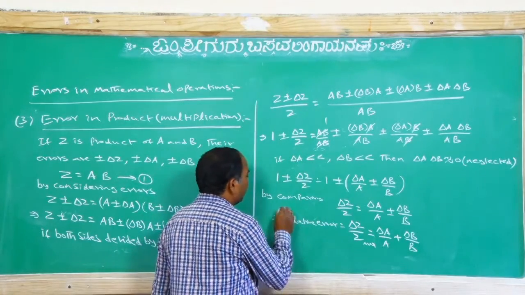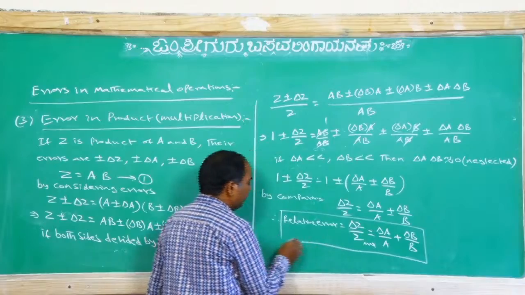So this is the relative error in multiplication.